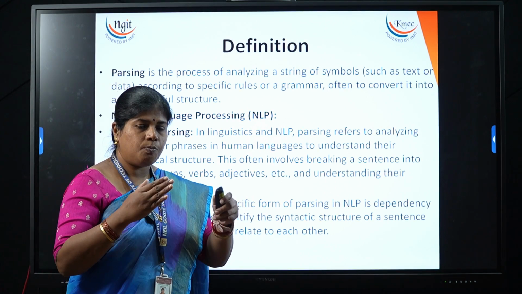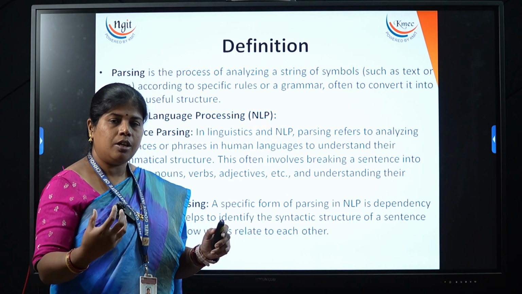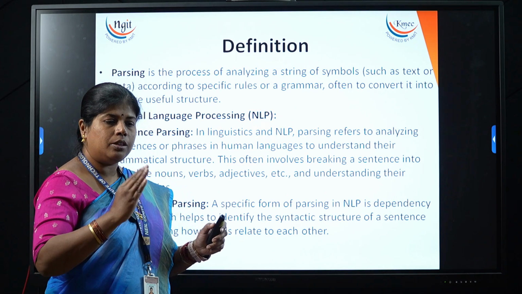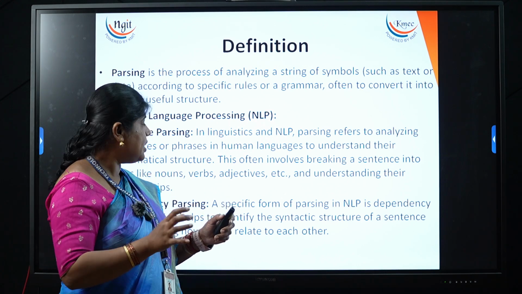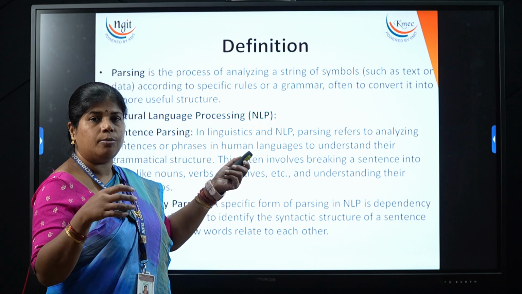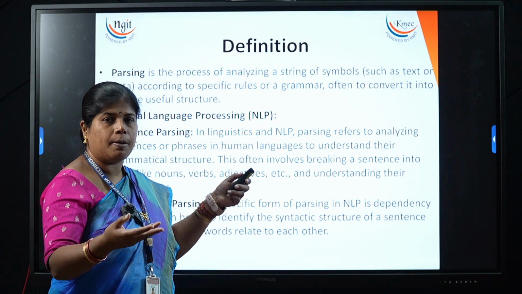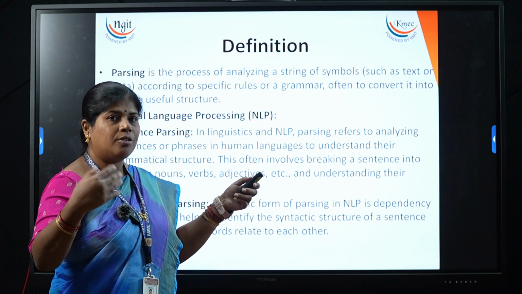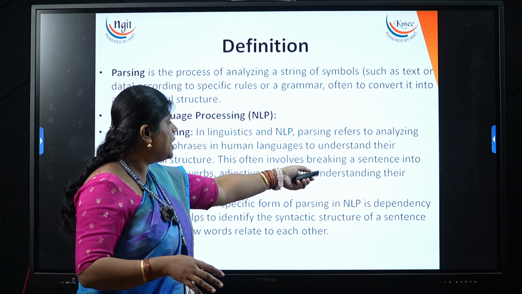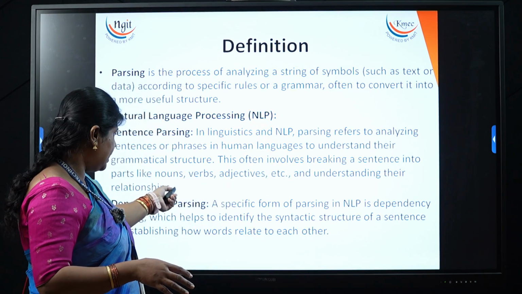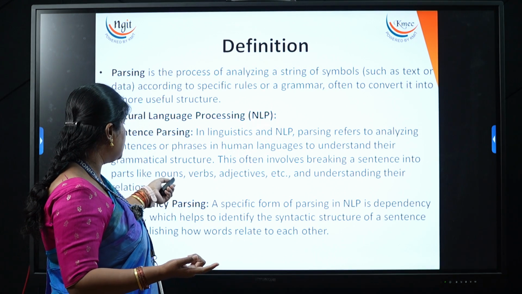So once our system is trained by some queries or some documents, meaning how words generally come one after another, if this structure is understood, then we can form the grammatical rules, so that those rules will be applied on the next upcoming query, or on the next documents in our corpus. This often involves breaking a sentence into parts, like the parts of speech. So what parts are we using here?